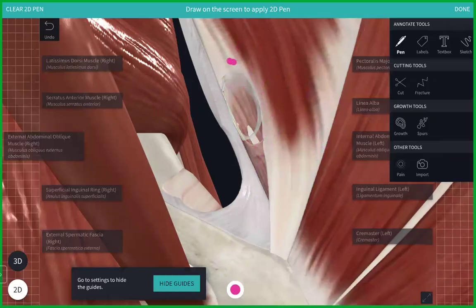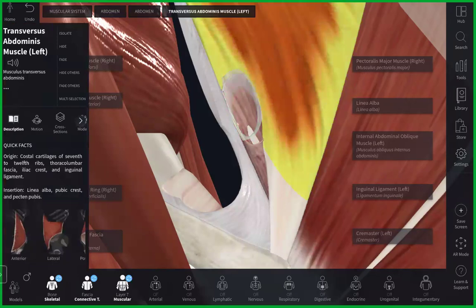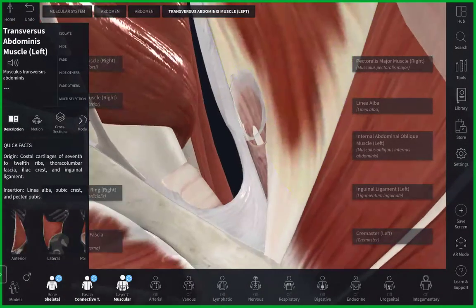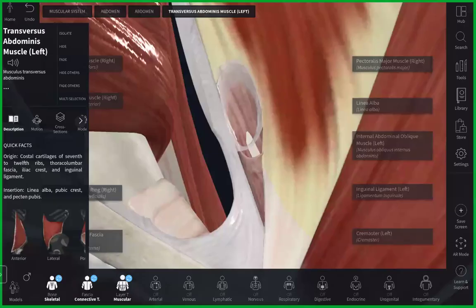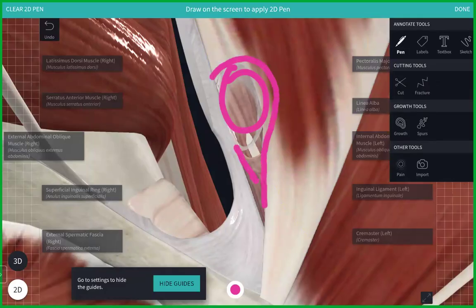Now, see what is above the ring. See this one, transversus abdominis. So it's above the ring. If this is a deep inguinal ring and the canal is going in front, over it we have transversus abdominis.